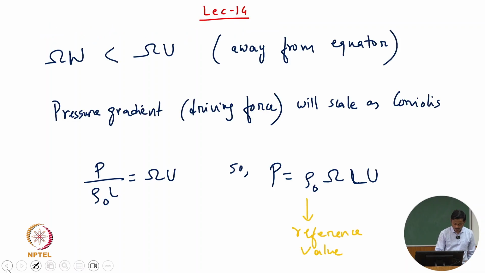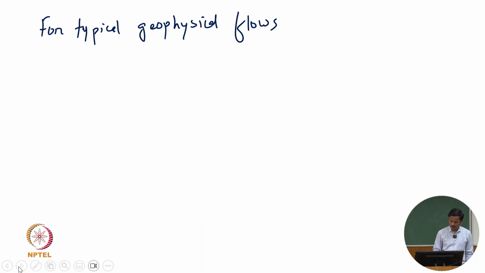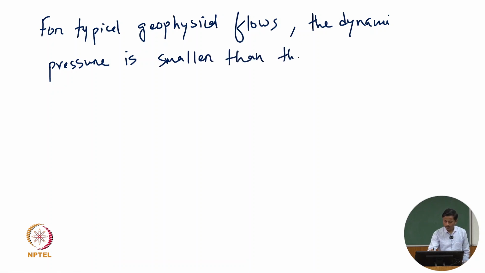We are calling this pressure in the previous slide the dynamic pressure, because this is the fluctuation, and this is an appropriate word for it.